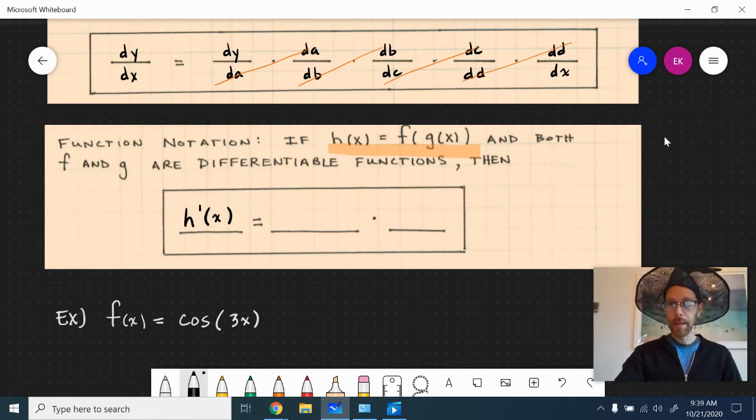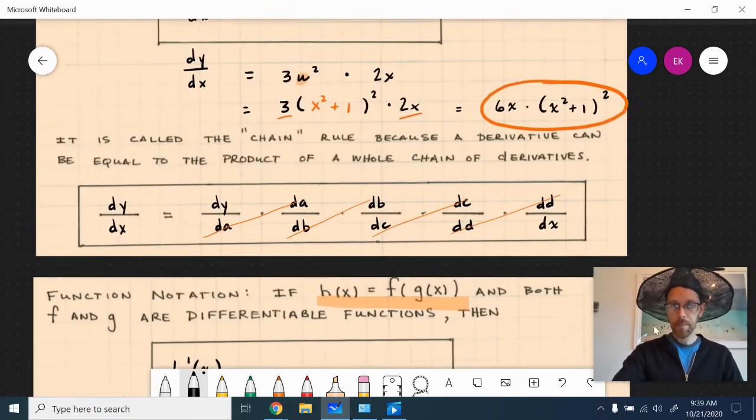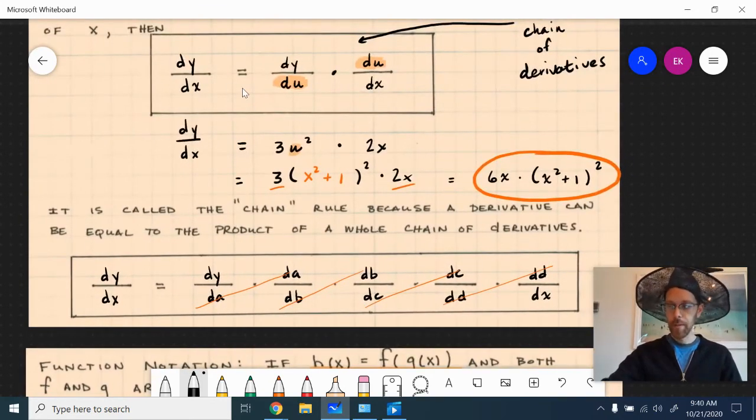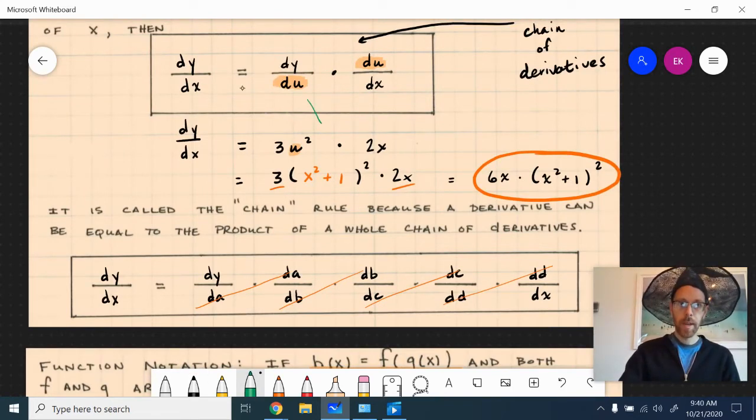If you go back to what we did above, the first derivative, I should have written this down before, this is worth noting. This one right here was the derivative of the something cubed. So this is the derivative of the outside. And then the second right here was the derivative of the inside.